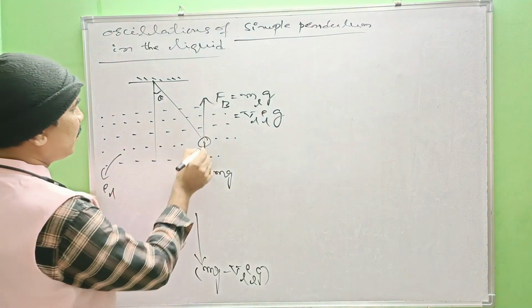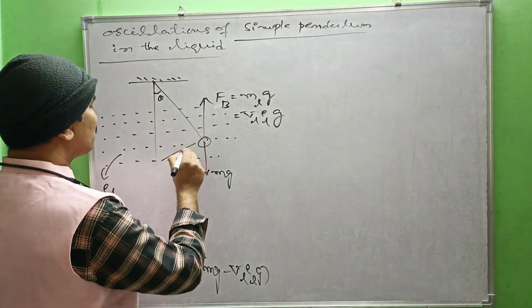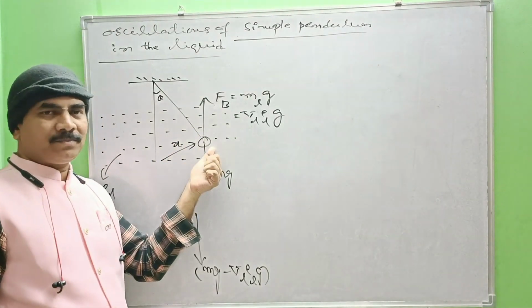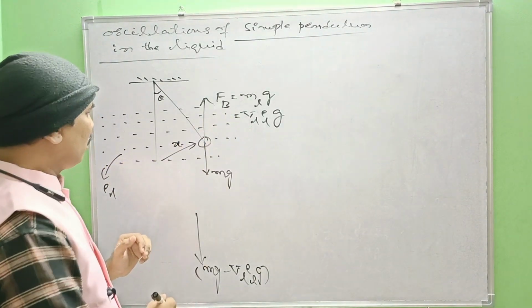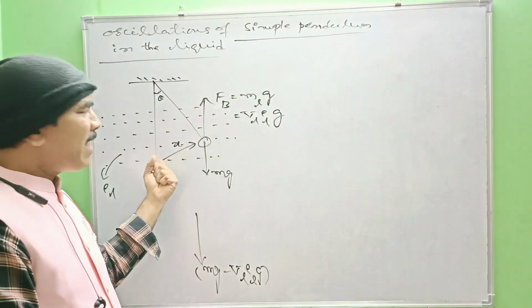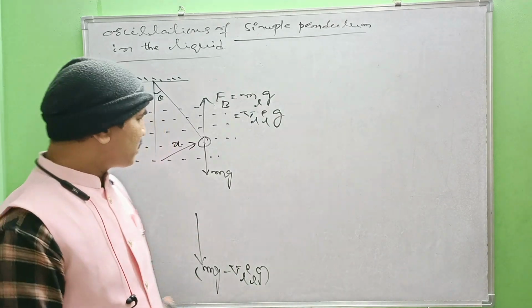Now, what is the displacement of this bob from the mean position? This is x. X is the displacement of the bob away from the mean position. Now, which force causes the bob to get back to its position? The restoring force. What is the restoring force here?